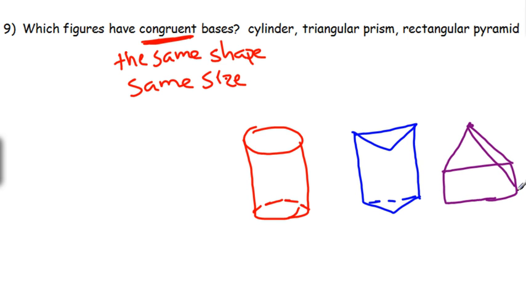And which of these have congruent bases? So we talk about bases. Our bases on a cylinder are the circles. Are they congruent? Yes. So cylinder is correct.